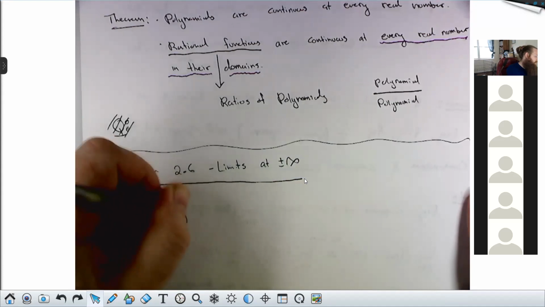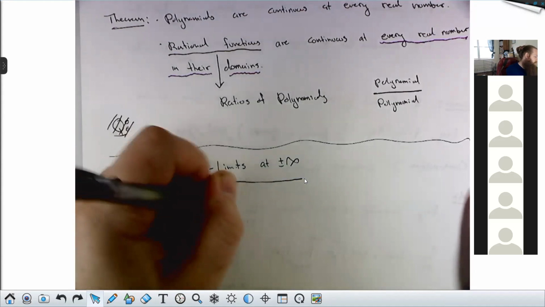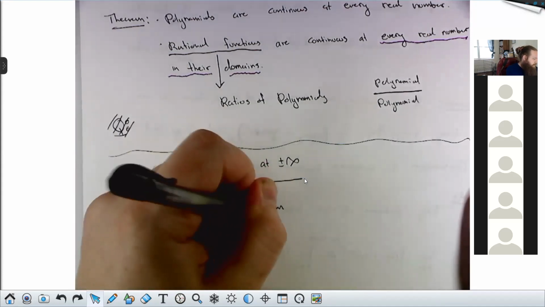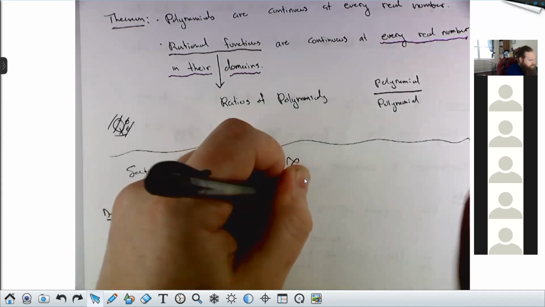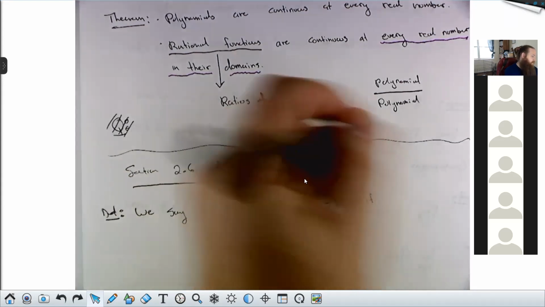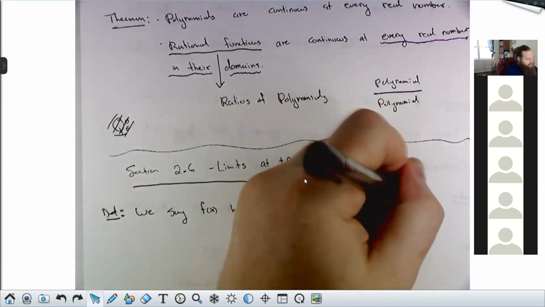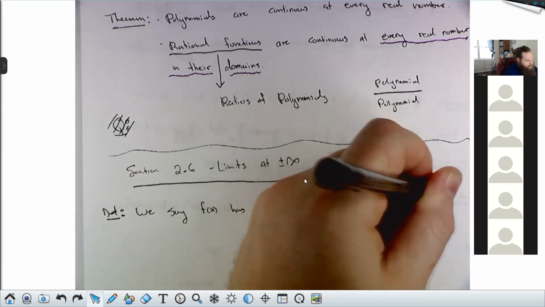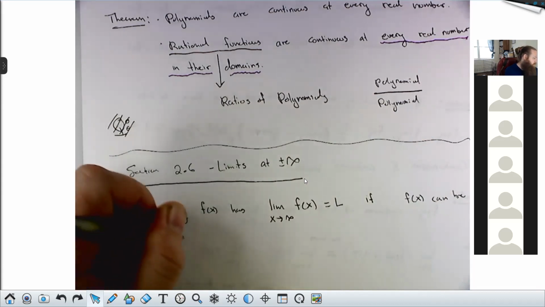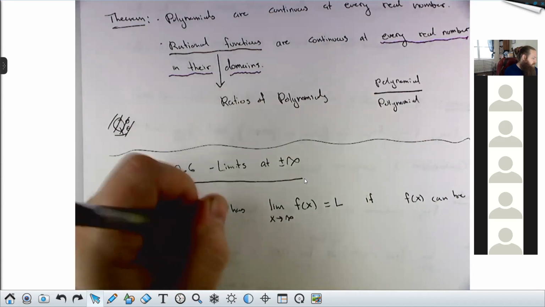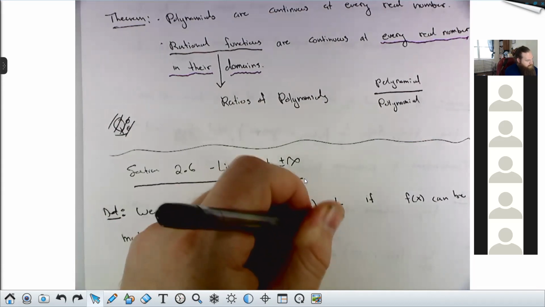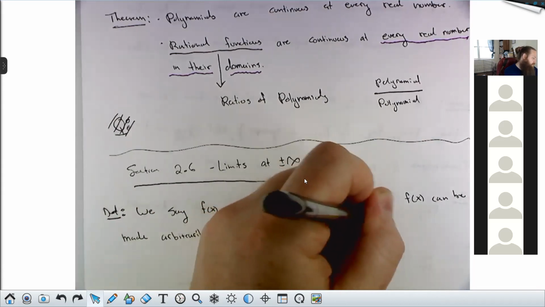We say that f of x has a limit, the limit as x goes to infinity of f of x equals L, if, by the intuitive definition, f of x can be made arbitrarily close to L by taking x sufficiently large.